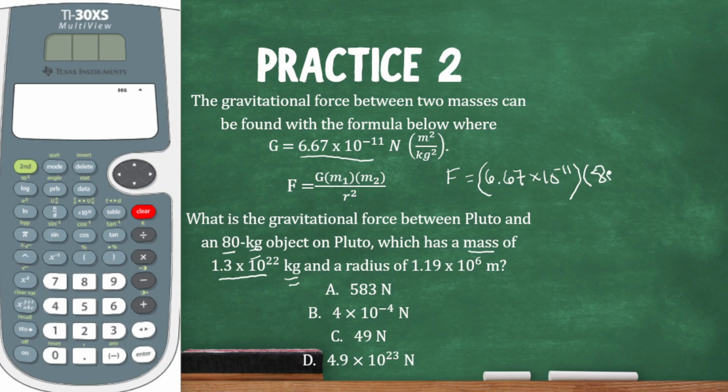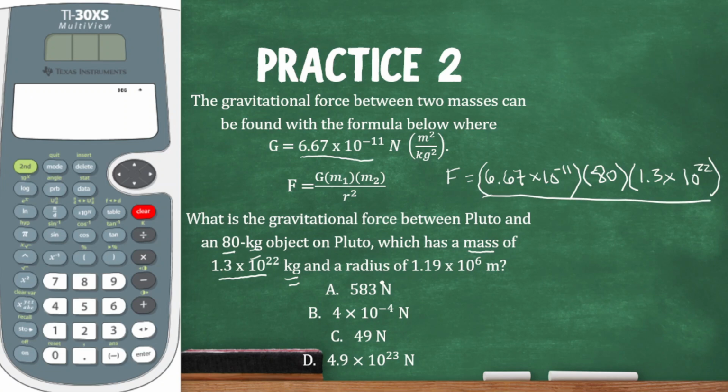So 80 and 1.3 times 10 to the 22nd. And they're all over r squared. Well, what's r?